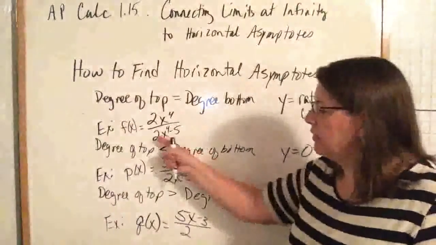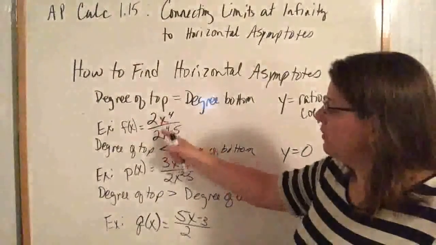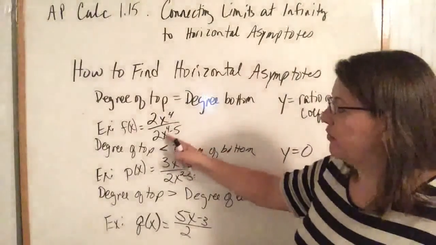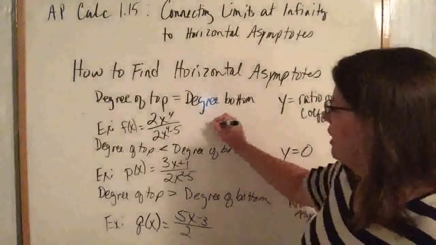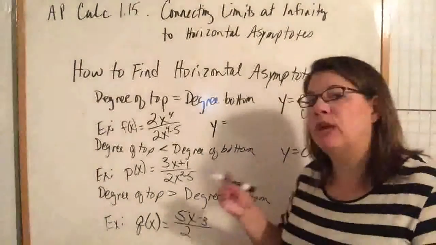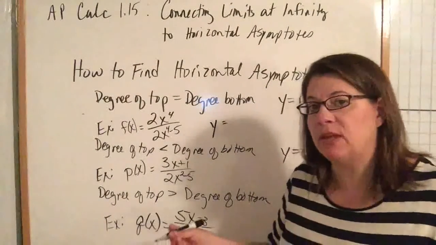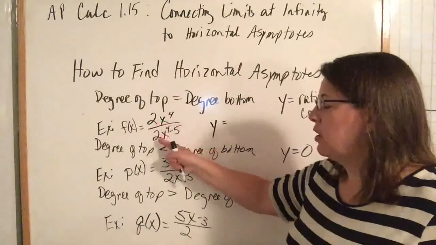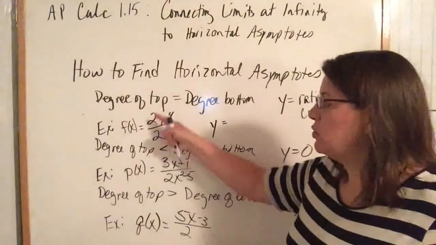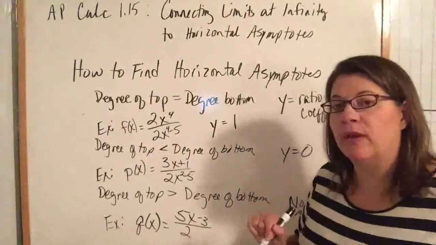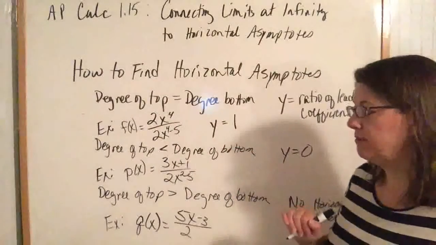So if you look over here, we do have a horizontal asymptote here because the degrees are the same. If the degrees are the same, your horizontal asymptote will be y equals the ratio of the two coefficients of the numerator and denominator. So the coefficient here is 2, the coefficient here is 2, so 2 over 2 is 1. So y equals 1 will be the horizontal asymptote of that function.